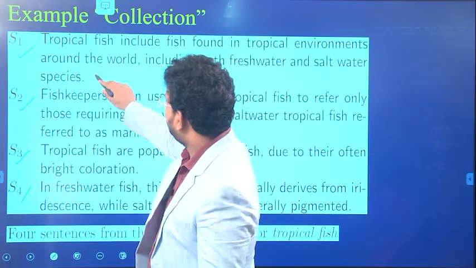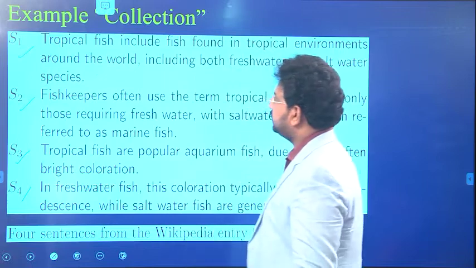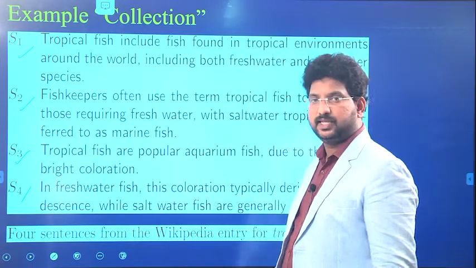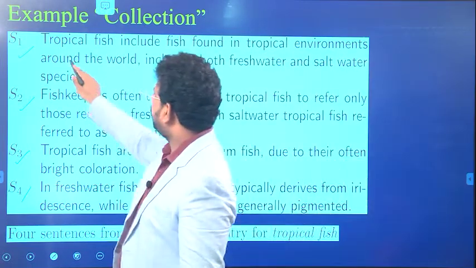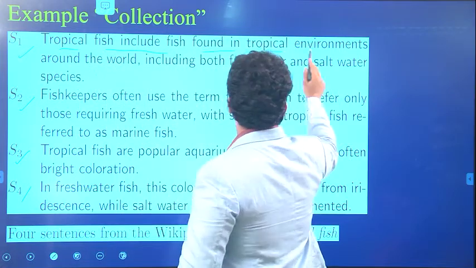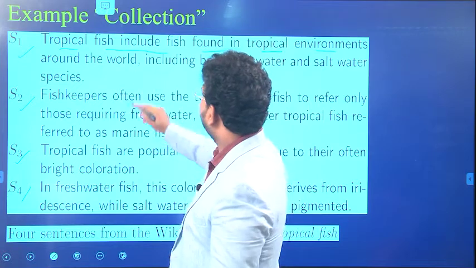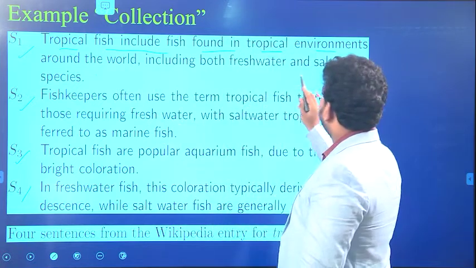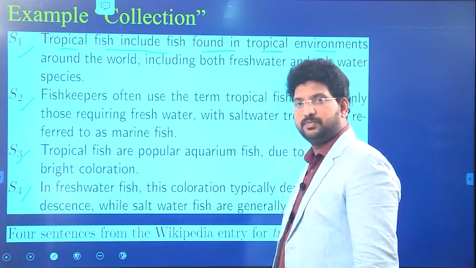So this is document 1, and document 1 consists of textual information like this: tropical fish include fish found in tropical environments around the world, including both freshwater and saltwater species.